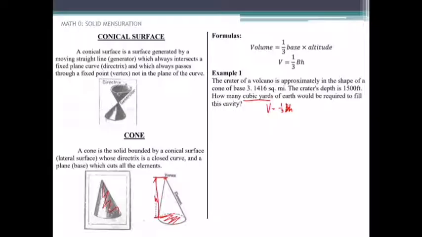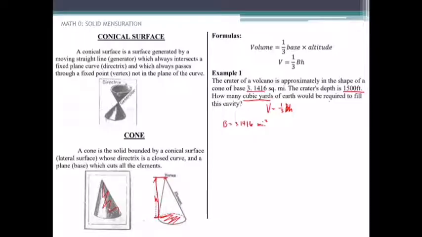Now, the base is given, this is now the area of the base given, 3.1416 miles squared. And then our height is also given, 1,500 feet.